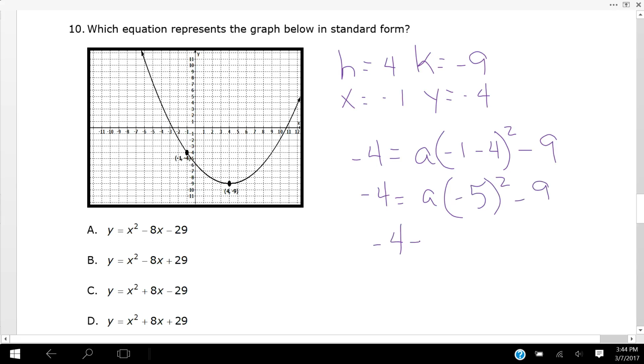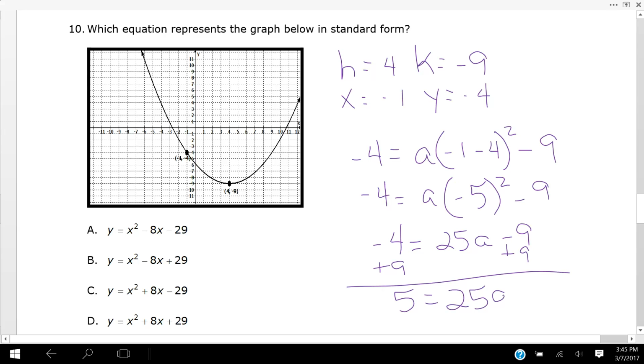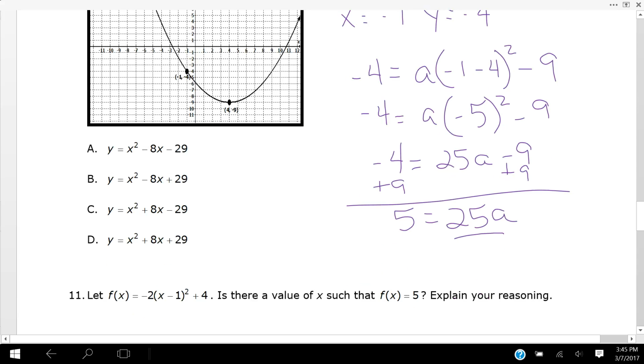So I have negative 4 equals 25a minus 9. Add 9 to both sides. I end up with 5 equals 25a. I divide by 25, and I end up with a equals 1/5.